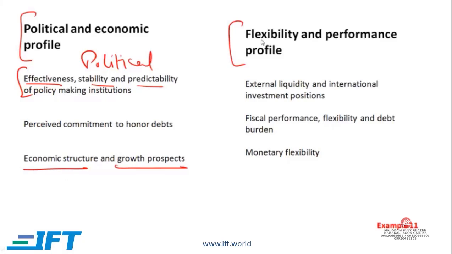In terms of flexibility and performance profile, we should look at the external liquidity and international investment positions. So countries with very actively traded currencies that are used extensively around the world, such as the dollar, euro, yen, etc., would generally be in a better position than other countries whose currencies are not so widely traded.